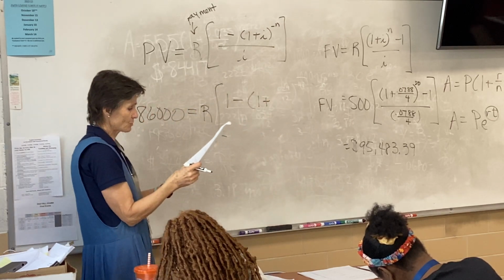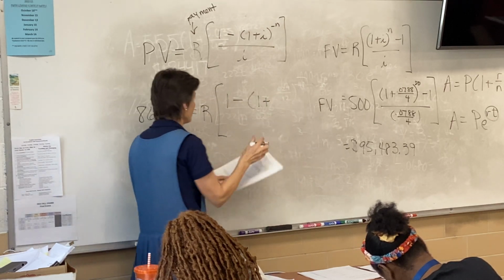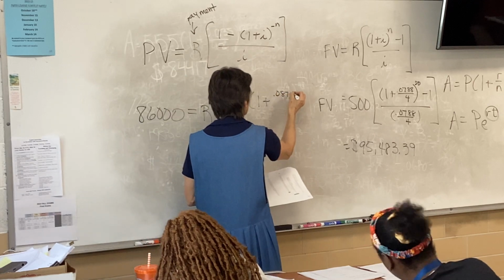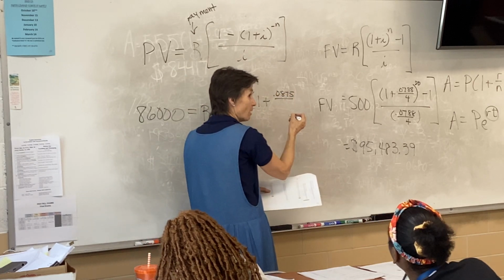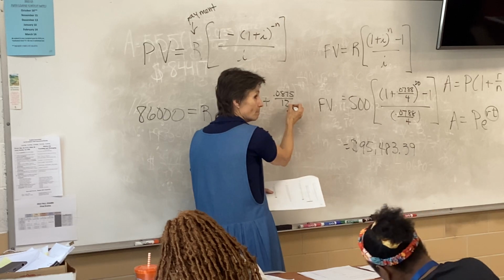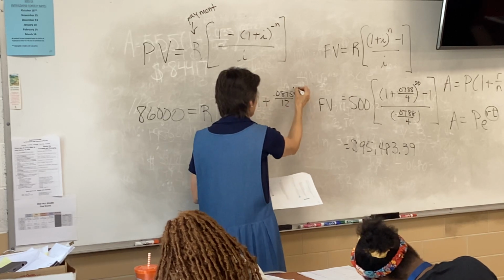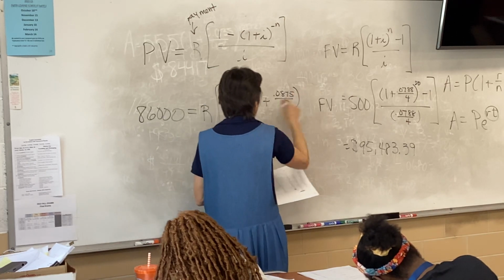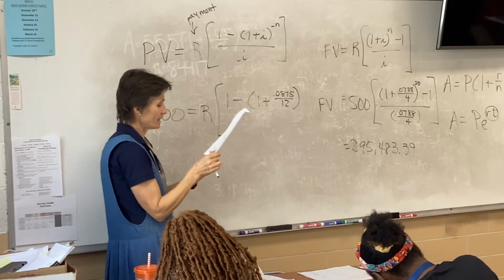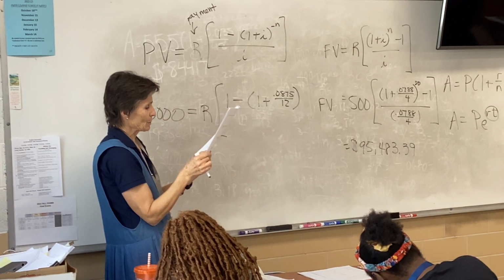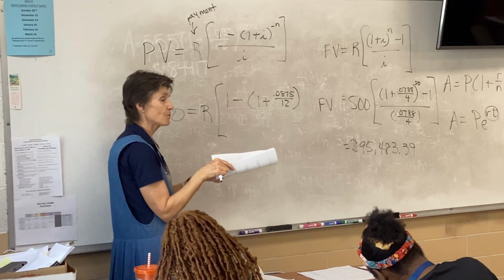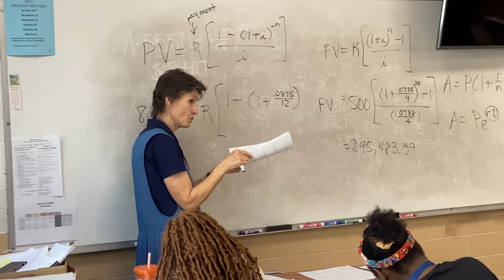My interest rate is 0.0875. My payments are monthly. Oops, yeah. How many am I making? 30 years worth.